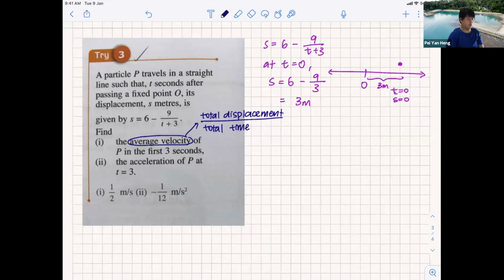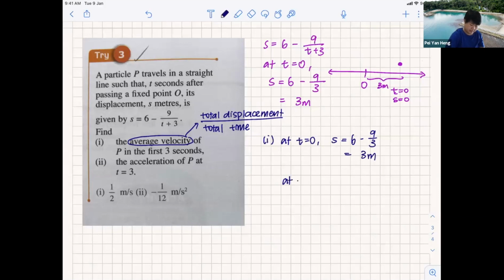So here, we are looking at what is the displacement at t equals 0, what is the displacement at t equals 3, and then we take the total. At t equals 0, we have found that s is 3 meters. Let's do the proper working substitution: 6 minus 9 over 3 gives me 3 meters.